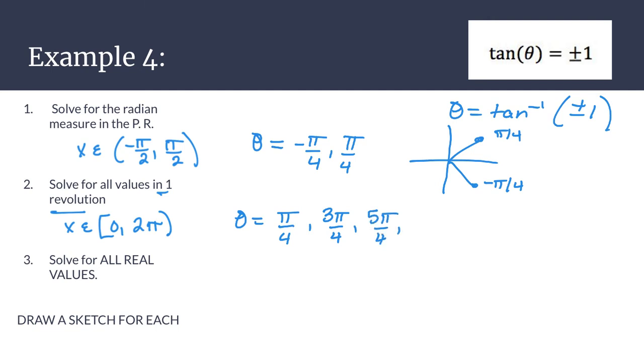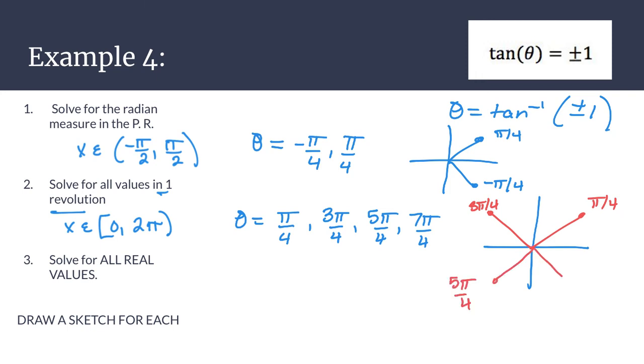And then finally quadrant 4, which is 7 pi over 4. So if we do our little sketch to see where those are going to be, we have 1 at pi over 4, 1 at 3 pi over 4, 1 at 5 pi over 4, and 1 at 7 pi over 4.